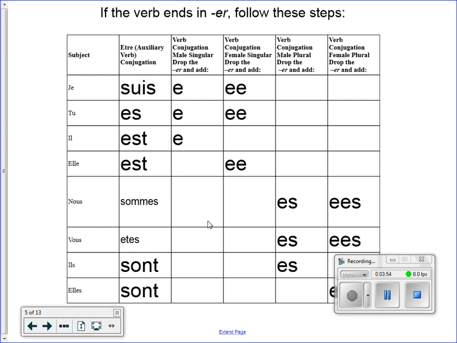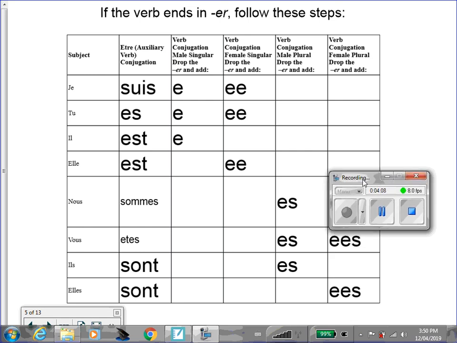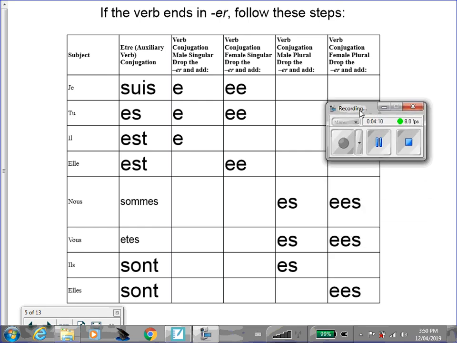But now let's consider the case of plural subjects. That means that je, tu, il, and elle are non-applicable because we're only dealing with plural subjects now. In the case of male plural subjects, nous, vous, and ils could, depending on the situation, be masculine plural.